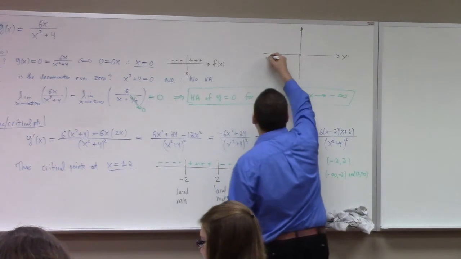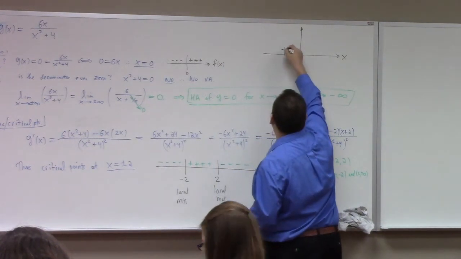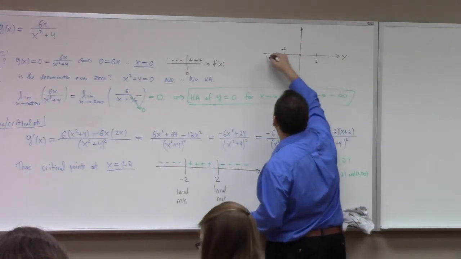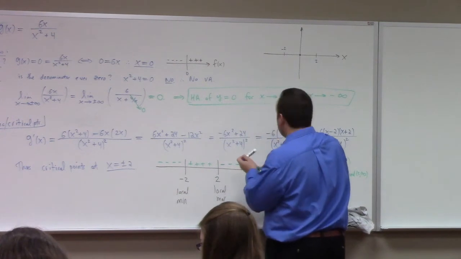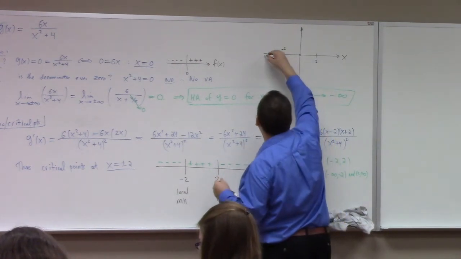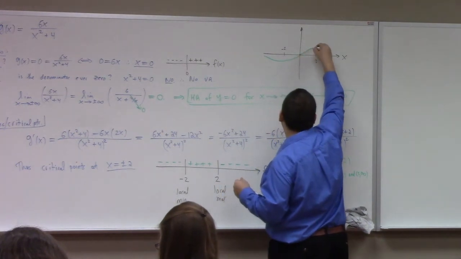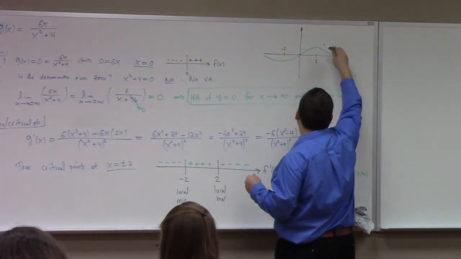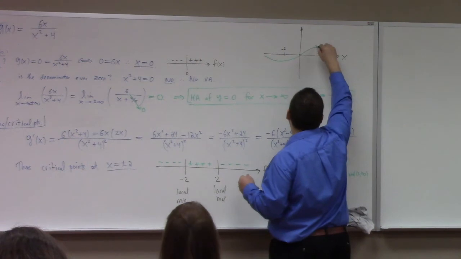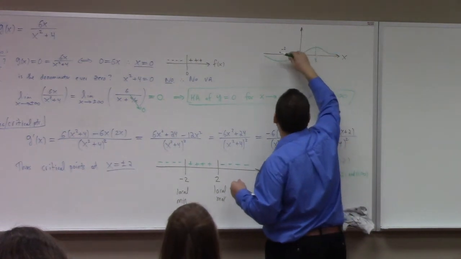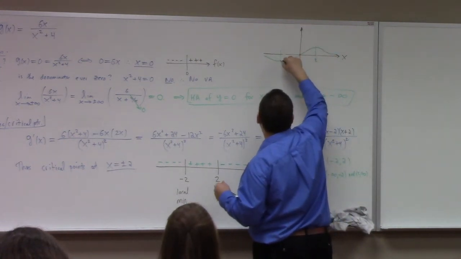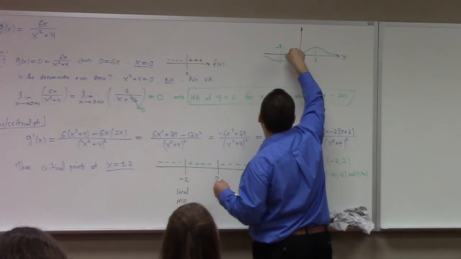It has a horizontal asymptote, so it's something like this. This is the graph. Now, if I had done it right, I would have put the 2 right at the top. I should have put my numbers in after I drew the shape.